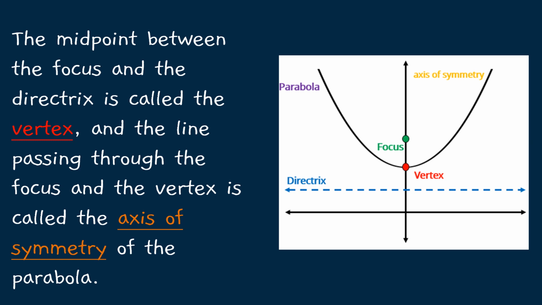Included on the slide is the axis of symmetry, that is a line passing through the focus and the vertex. Remember, the axis of symmetry is used to identify if the left side and the right side of the parabola are equal to each other, or symmetric, as stated in its name.